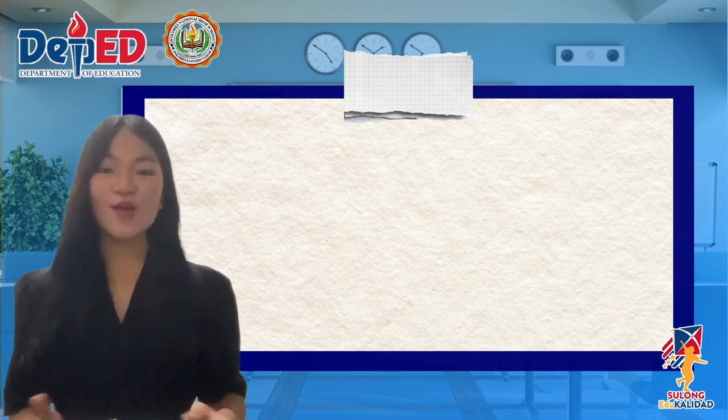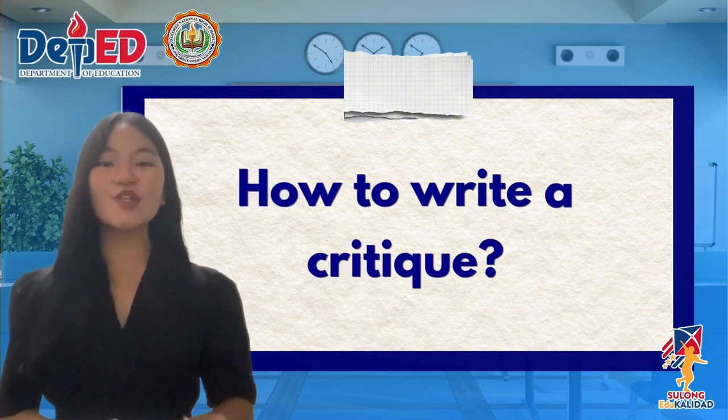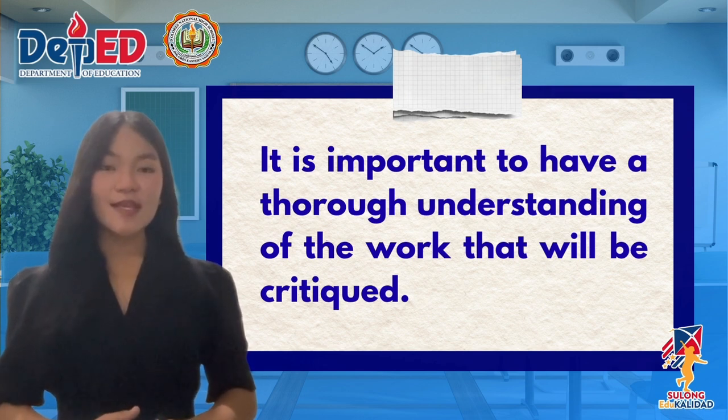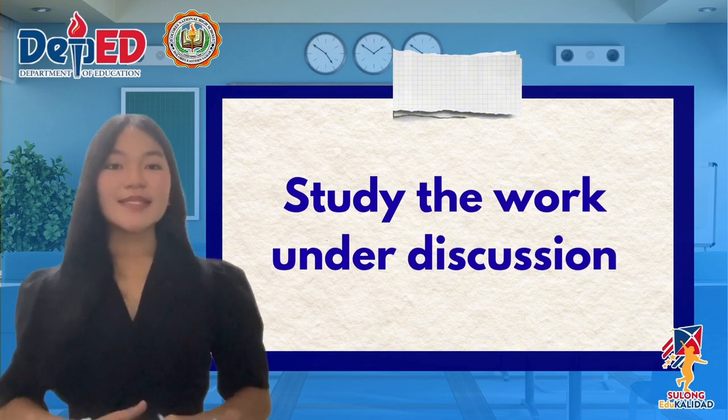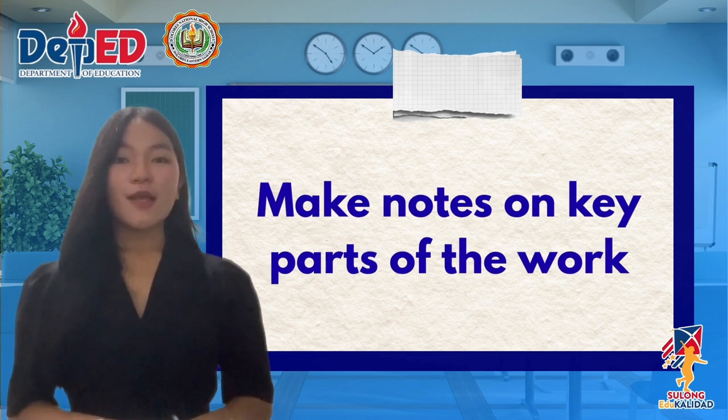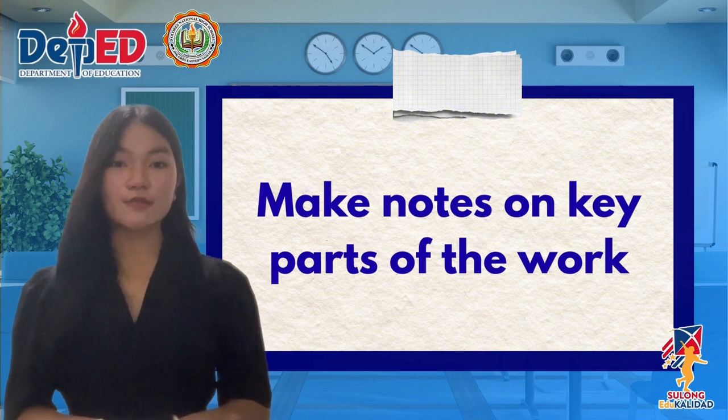Now, let's talk about how to write a critic. Before you start writing, it is important to have a thorough understanding of the work that will be critiqued. Study the work under discussion. Make notes on key parts of the work.